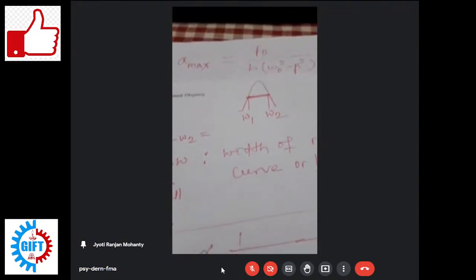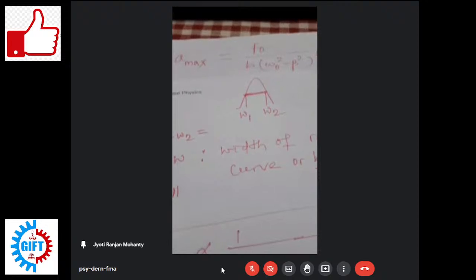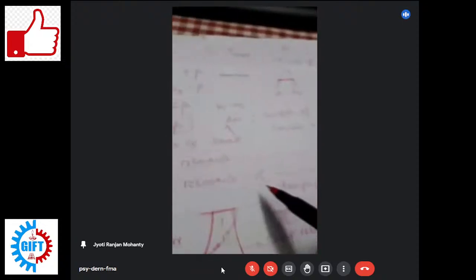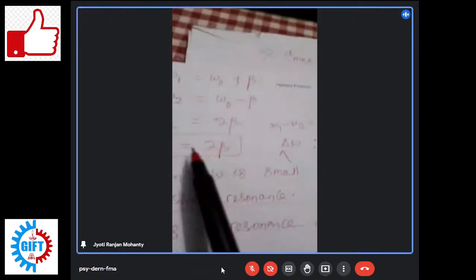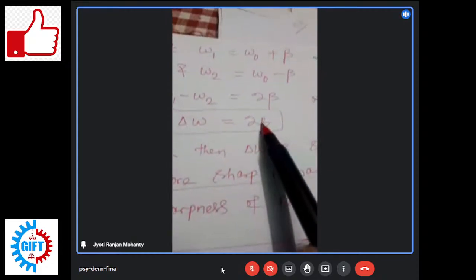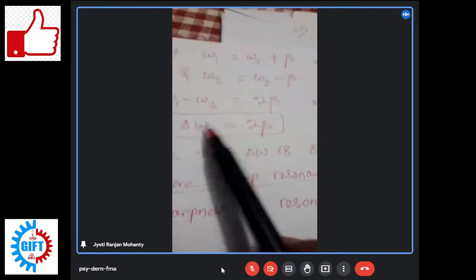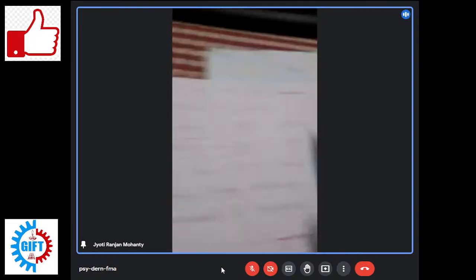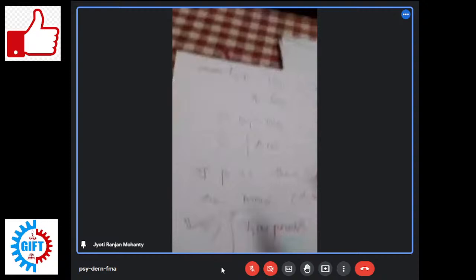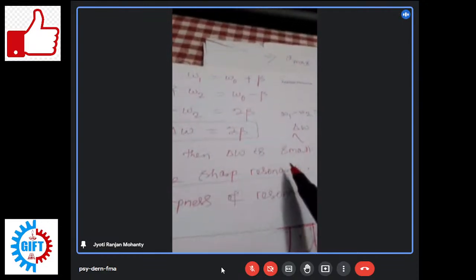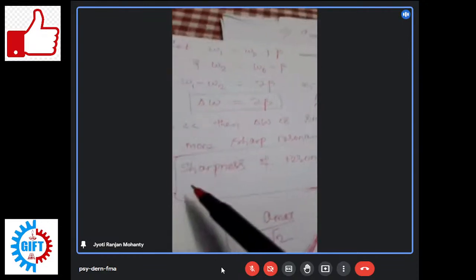Nobody is saying. Sharpness of the resonance is inversely proportional to beta. Very good. Okay, look at the justification. Beta will be less, del omega will be less. So del omega will be less means the curve will be more sharp. So you write, if beta is small, then del omega is small. That means more sharp resonance.